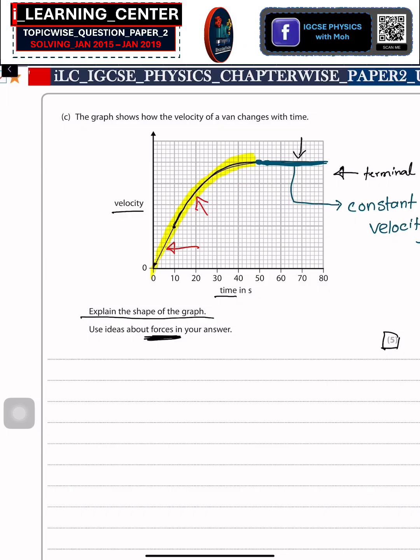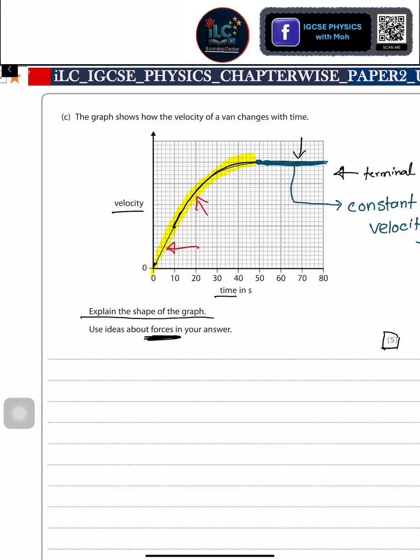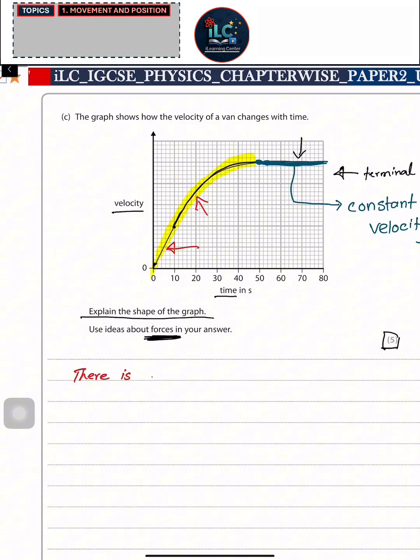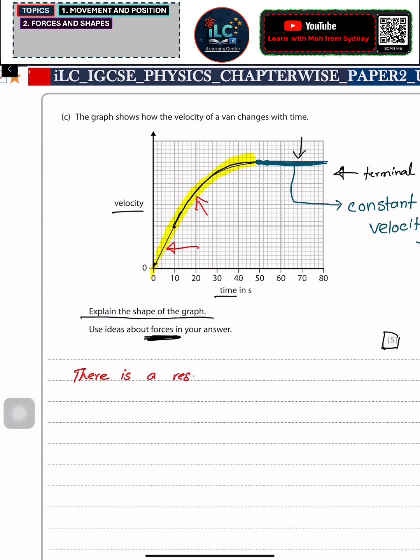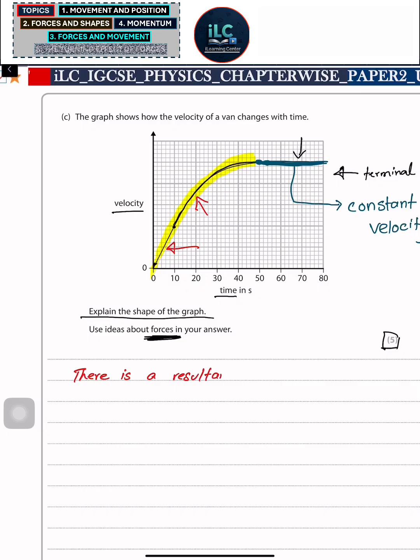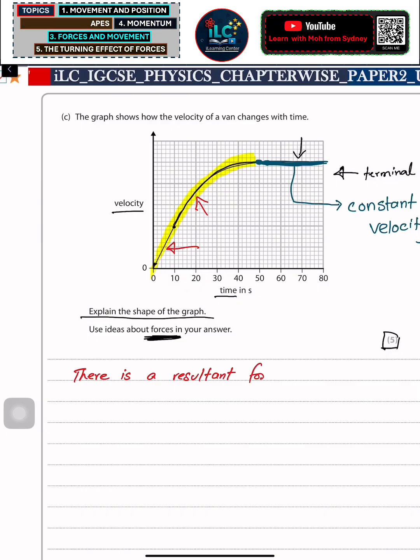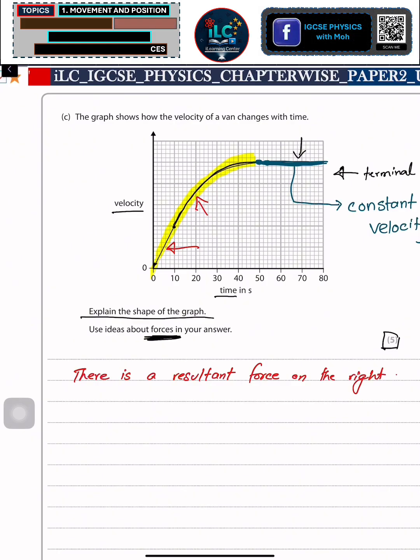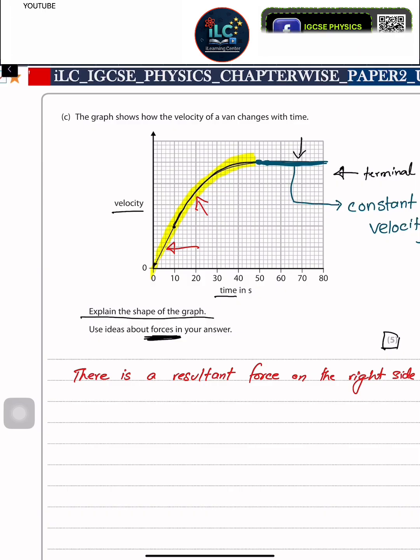So the first thing we will say is that there is a resultant force. And if you remember, the resultant force is on the right side. So we'll say there is a resultant force on the right side. The next thing we'll say here is, so there is an acceleration.